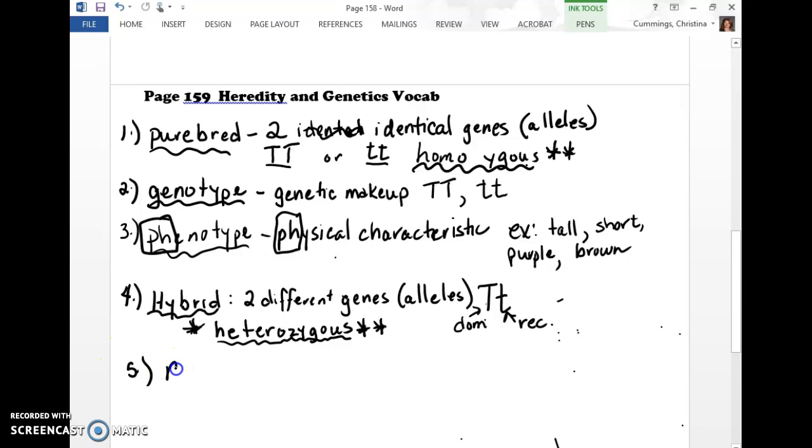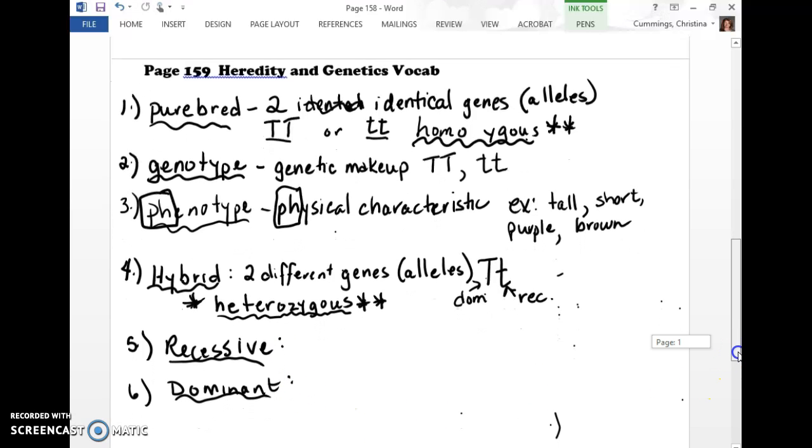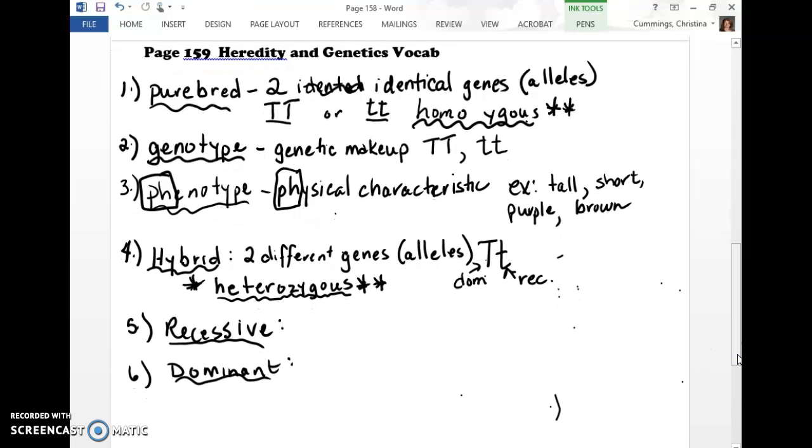Okay. So I mentioned recessive and dominant. Let's get those terms down too. They're pretty important. Remember yesterday that we said Mendel noticed that the tall trait seemed to mask the recessive trait.